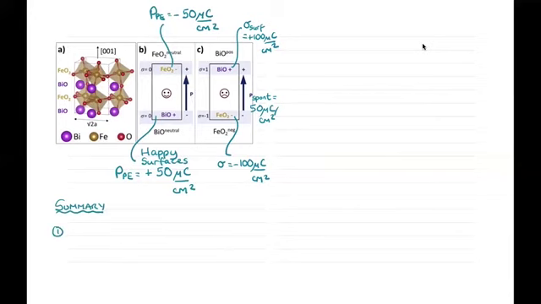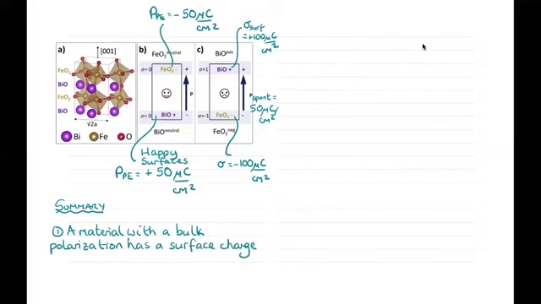The first is that a material with a bulk polarization has a surface charge given by the dot product of the bulk polarization with the surface normal.